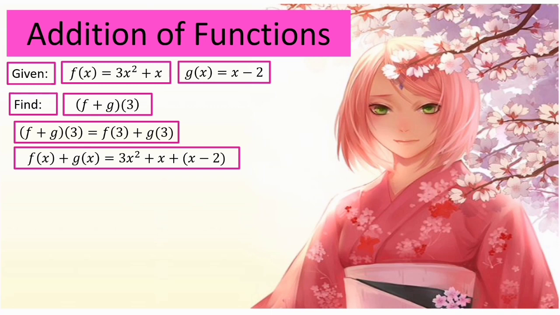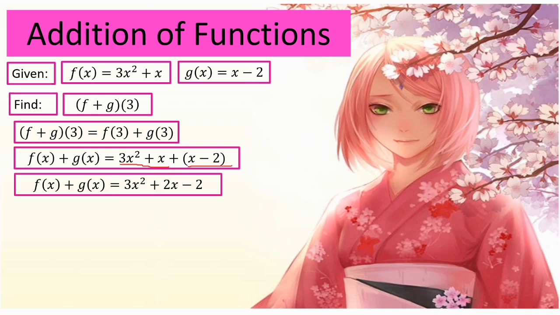So, una, wag muna nating isa-substitute yung value ng x natin na 3. So, isa-substitute muna natin yung value ng f of x saka yung g of x. So, ito nga. So, yung f of x mo is 3x squared plus x, and ang g of x mo is x minus 2. Then, combine. So, magiging 3x squared plus 2x minus 2. So, paano naging 2x na naman yon?